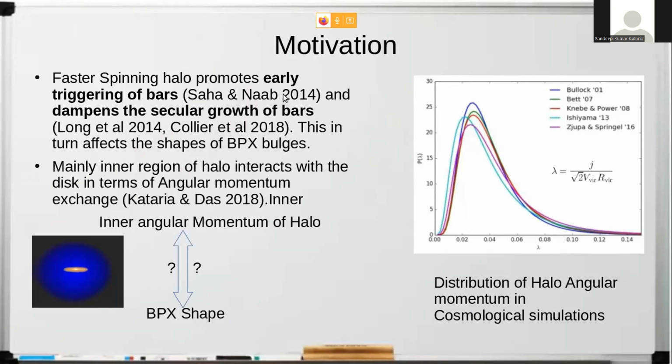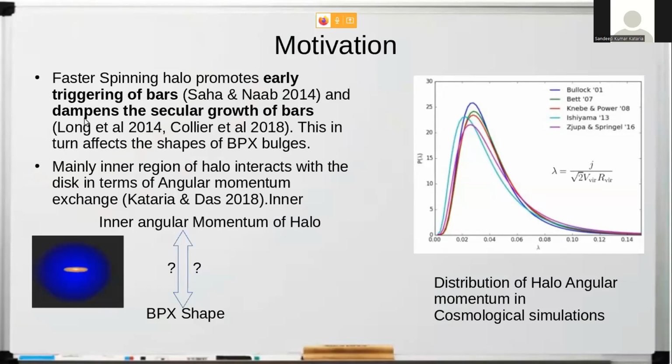And there has been previous work by Saha and Naab which shows that if you have a faster rotating halo, you can trigger the bar earlier, and it can hamper the secular growth also. It has been shown by later work. So this in turn has an effect on the BPX bulges. And we have also shown in our previous work that BPX is largely affected by the bar in the disk.